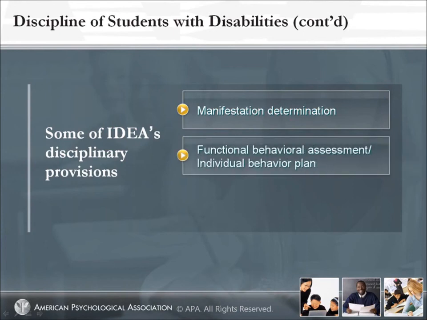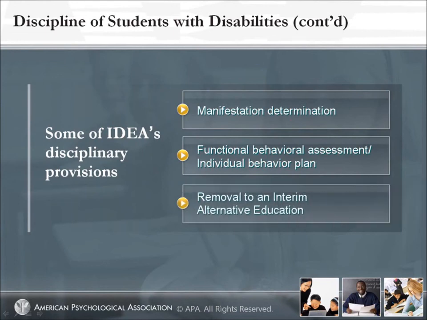Functional behavioral assessment, individual behavior plan. If the behavior in question is determined to be a function of the child's disability and the child is to be removed more than 10 days, the team must conduct a functional behavioral assessment and implement a behavioral intervention plan for the student.